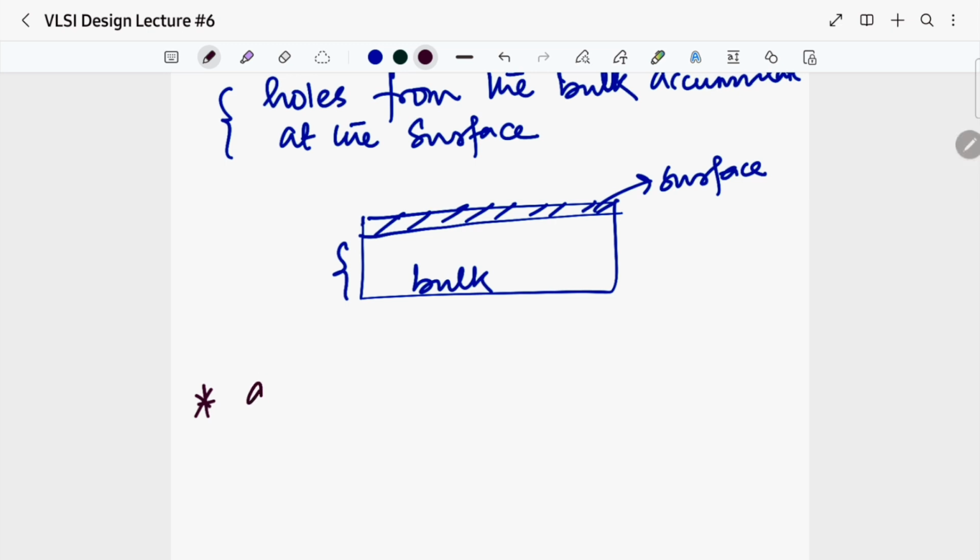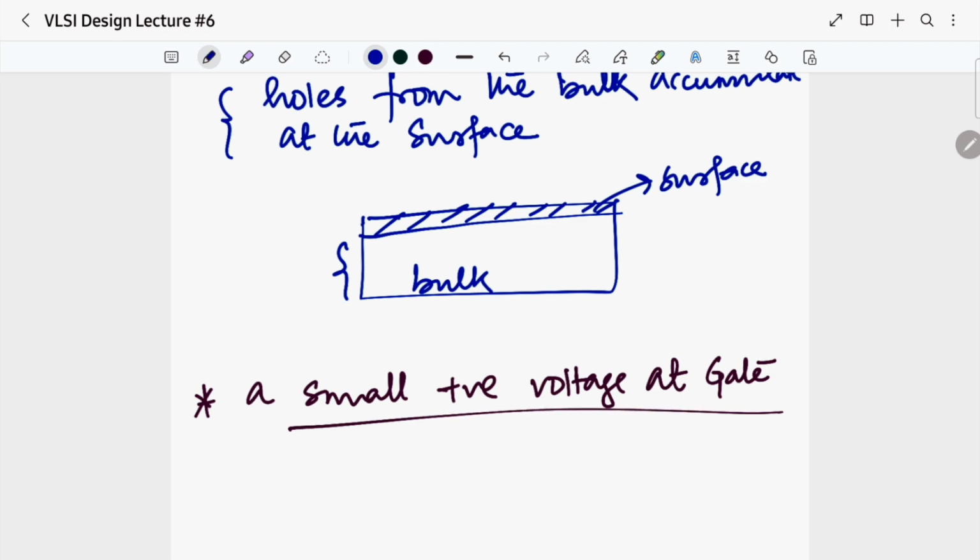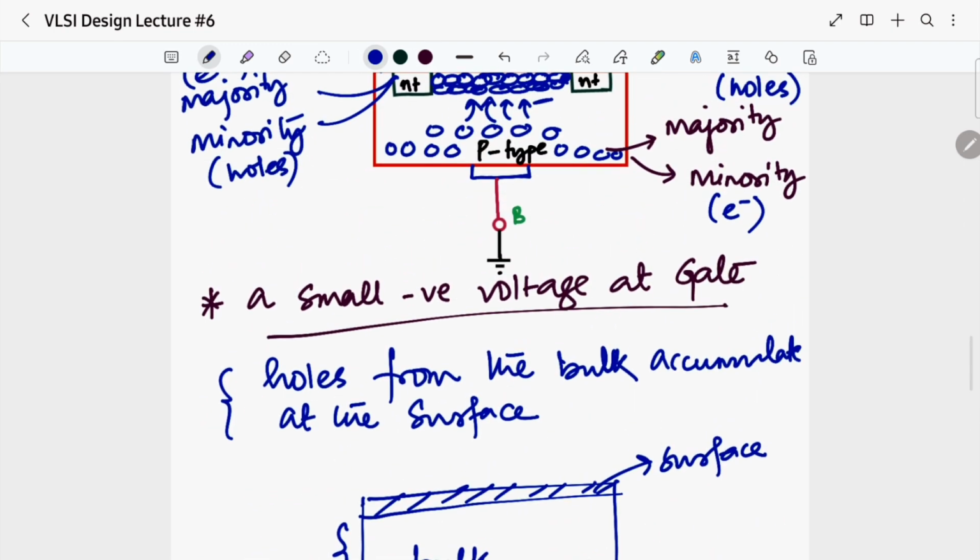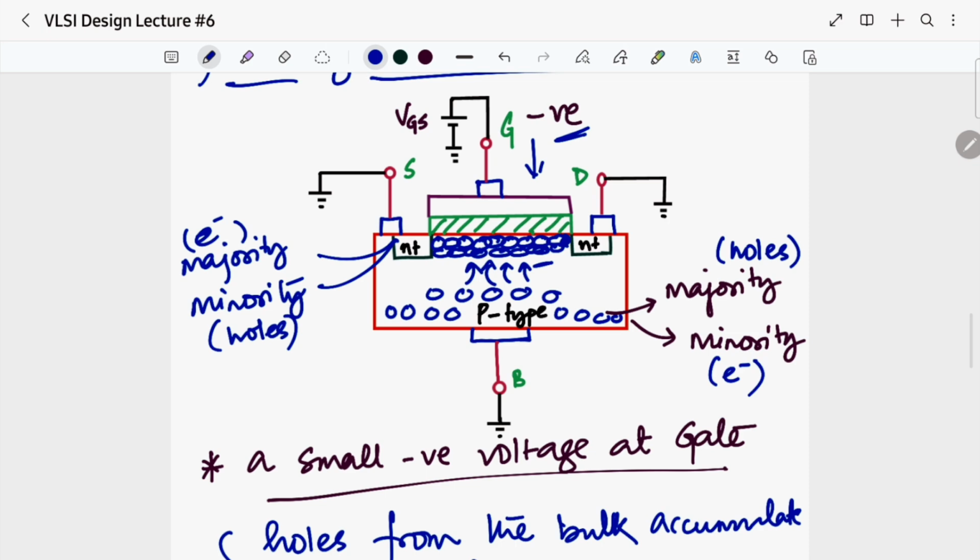Okay, so a small positive voltage at gate. Before I apply the positive voltage at gate, till that point I have got the holes covering my surface.